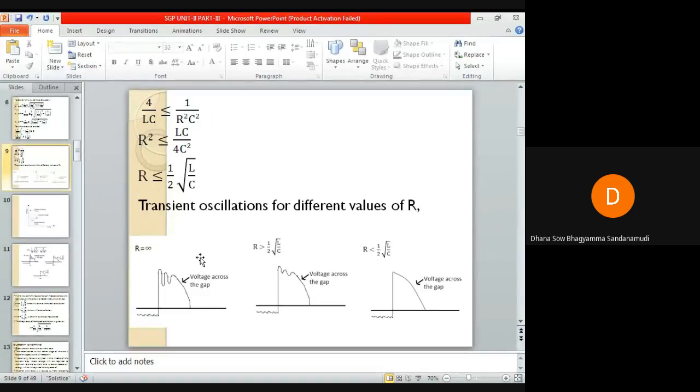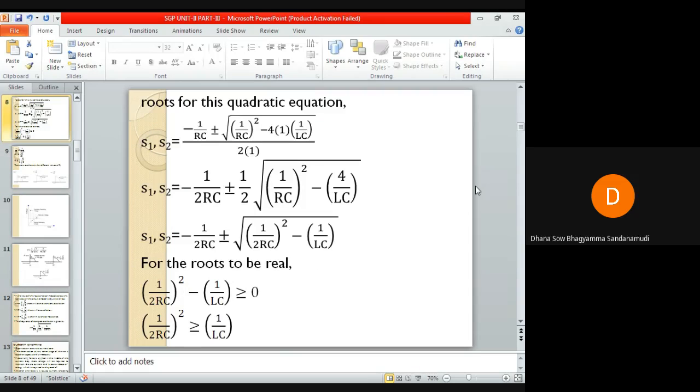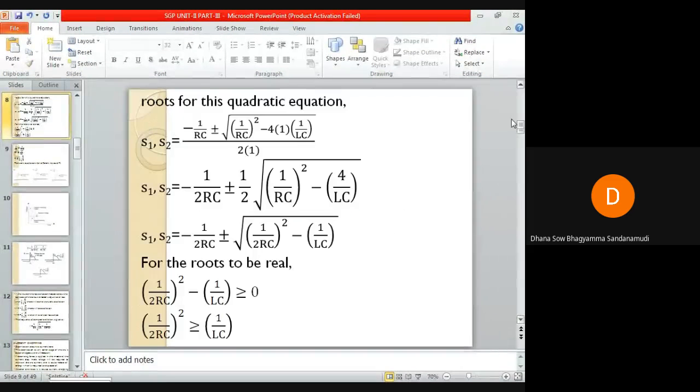First of all, you people complete this slide. Complete this slide. Where is it? For you it has changed, for me it didn't change. Complete this slide and inform me.